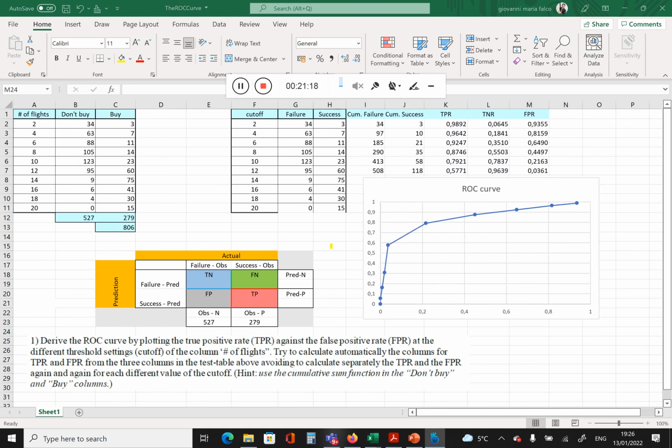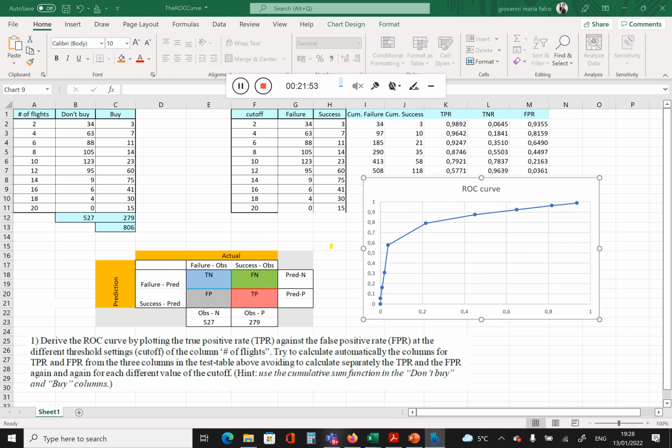If we want, we can add the axis titles: false positive rate on the x-axis and true positive rate on the y-axis. But before going to question 2, let's check the basic idea of the ROC curve. For each cutoff we have calculated one point in this XY diagram, and together they form the ROC curve.